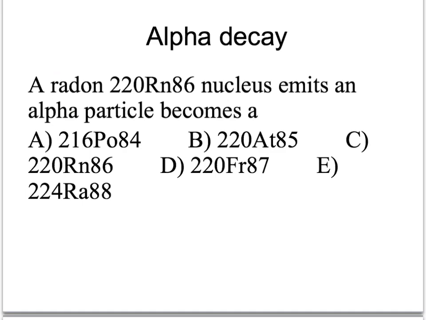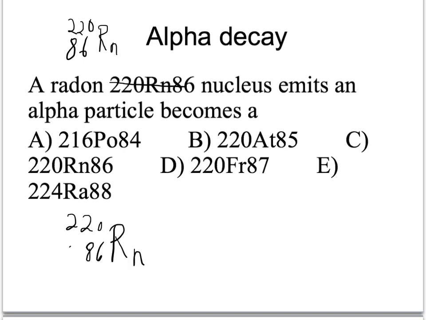Here's our first example. A radon, which should be written Rn, 220, 86. A radon 220 nucleus emits an alpha particle and becomes what? So if this thing emits an alpha particle, we have radon, 220, 86 Rn.